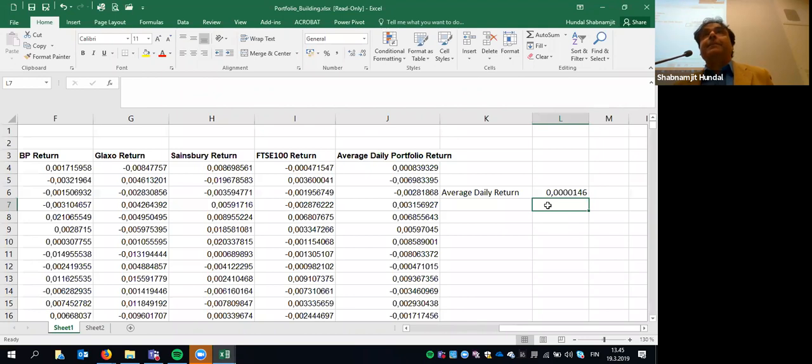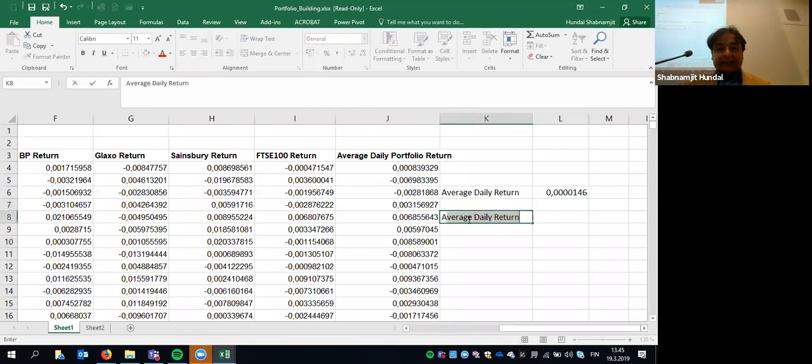Are you with me? This is the average, but not average for the 2 years, the average, but on daily basis. But you may be interested in the annual rate of return. Okay. So what we do then, we can annualize the return.